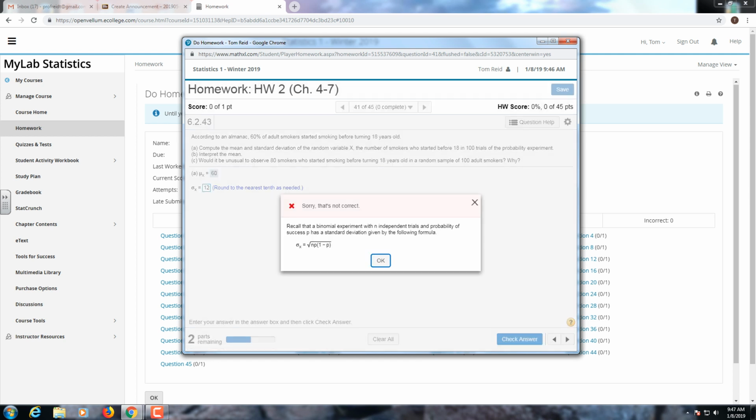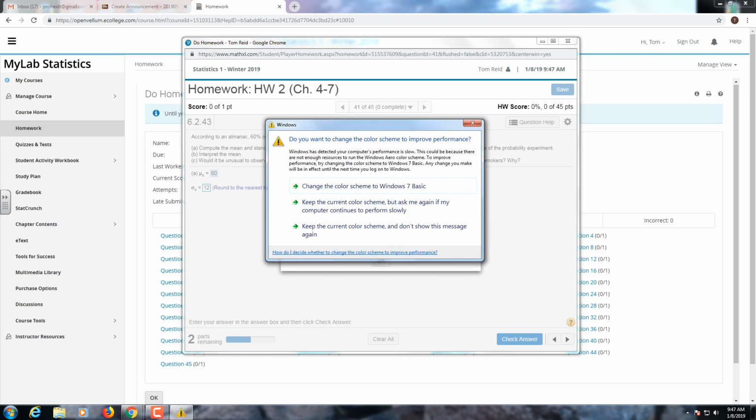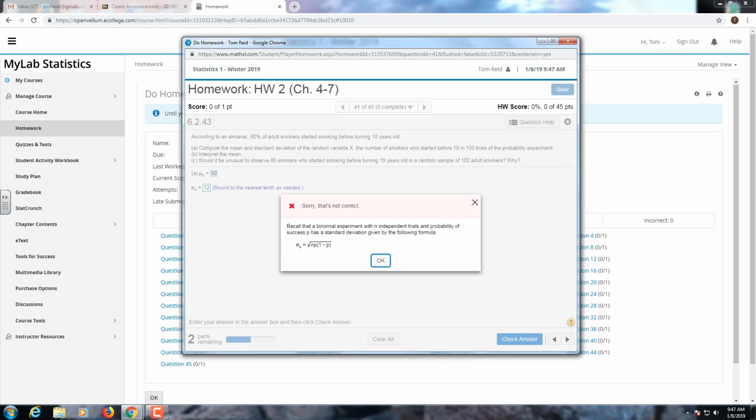For true-false questions or certain multiple choice ones, they only give you really small hints. But for a lot of problems, they give you a pretty good hint. So it says here, recall that a binomial experiment with n independent trials and probability of success p has a standard deviation given by the following formula. So they give me that hint.